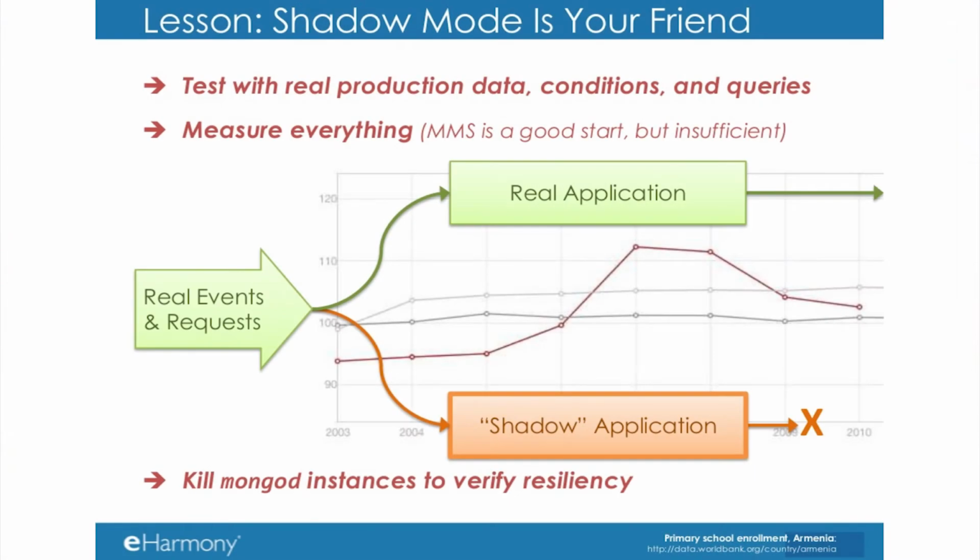So the next thing that I want to talk about is what I mentioned before and what you alluded to in your question, which is what we called shadow mode. We had a prior version of our applications using a different database technology, and they were receiving live traffic from the site. They were also receiving some back-end events that we generate.